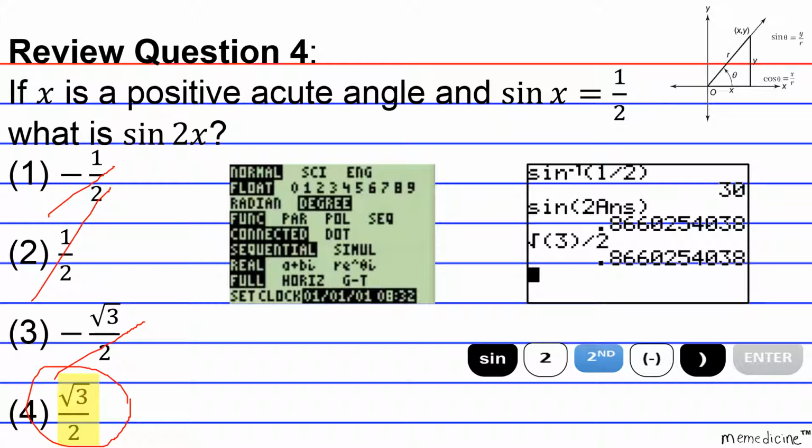And what you do for that is you're going to hit second, and then you're going to hit the x squared button, and that's going to pull up the square root sign. It comes preloaded with an open parenthesis. You hit the close parenthesis button, this one right here, and then you hit your division sign to represent the fraction bar, and 2. And you're going to get the same answer as you did for the sine of 2x, or the sine of 60 degrees.